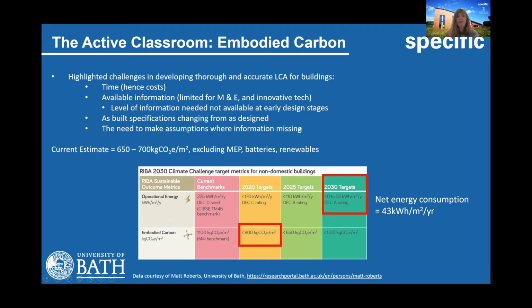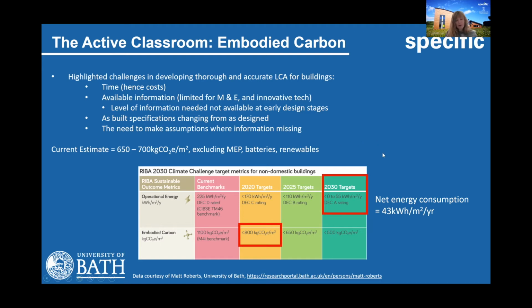The level of information is also not always available at early design stages. Another challenge is that as-built specifications often change from what was designed, due to maybe availability of materials or technologies, or maybe finding a lower cost alternative. And there is a need to make assumptions where information is missing.